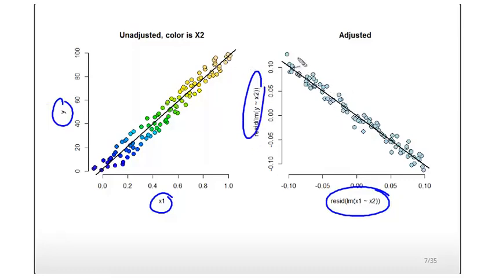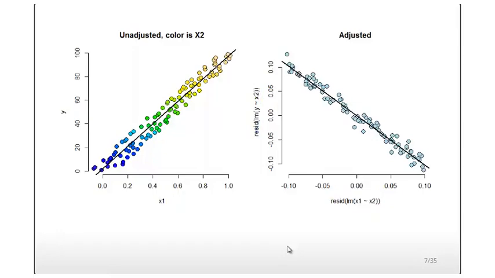You see that once you factor out x2, you have a relationship in the opposite direction. It's basically saying if you were to fix these colors, the colors are all binned, then within a color you would see a negative slope between y and x1.